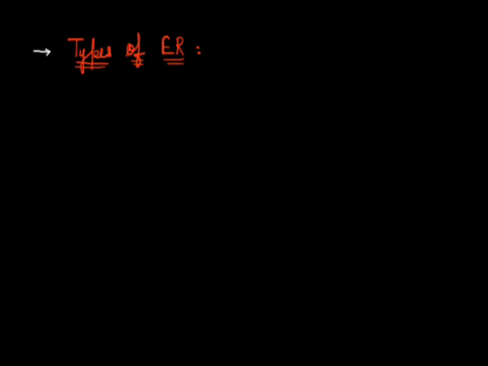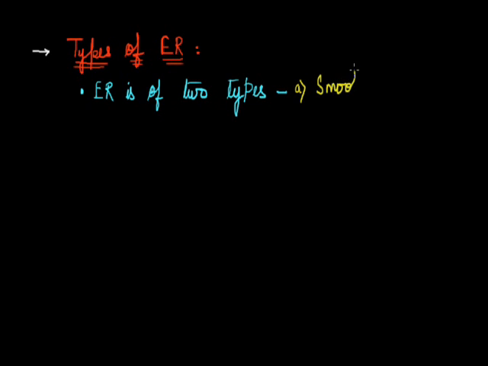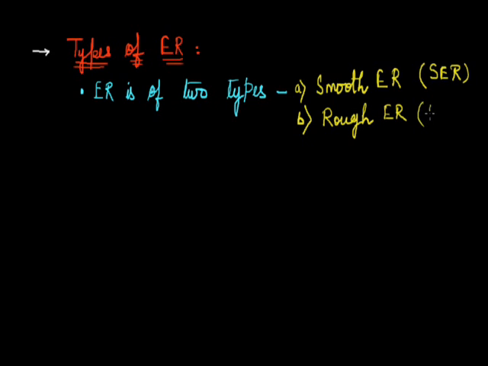On the basis of the type of elements present and function, the endoplasmic reticulum is of two types: the smooth endoplasmic reticulum, also known as SER, and the rough endoplasmic reticulum, also known as the RER.